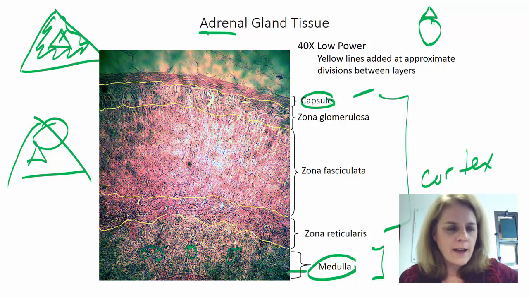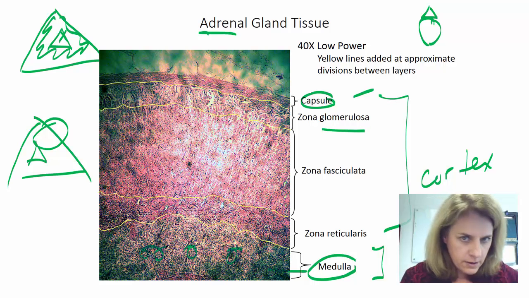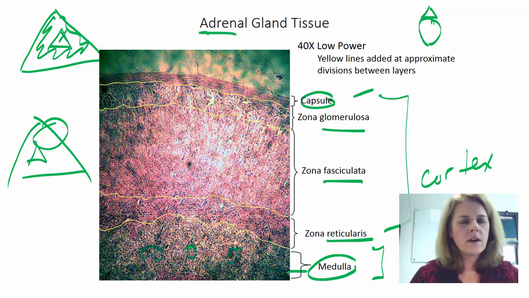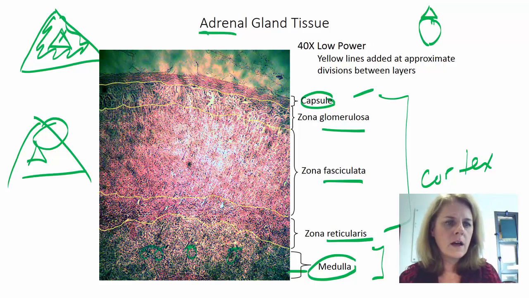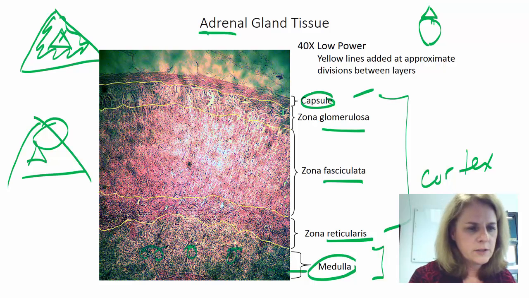Underneath that, you have 3 zones. You have the zona glomerulosa, the zona fasciculata, and the zona reticularis. Glom means kind of round, and it's kind of hard to see on this particular picture.